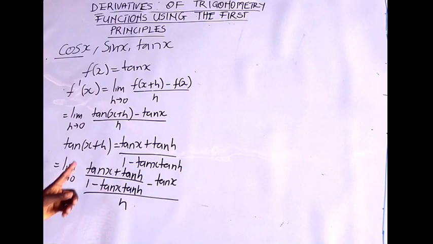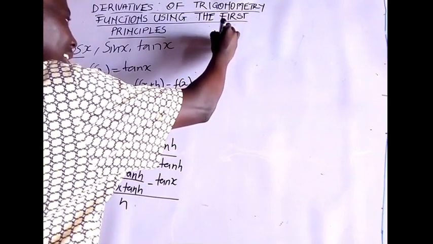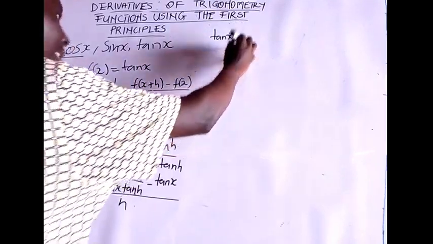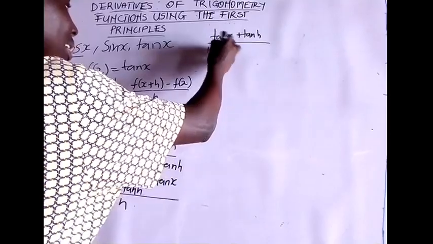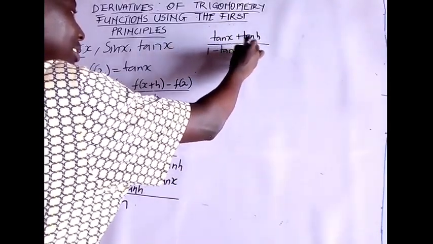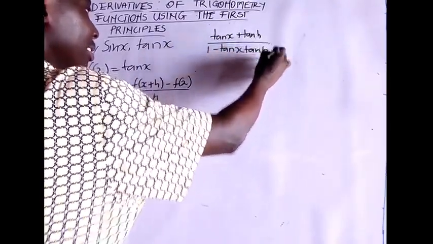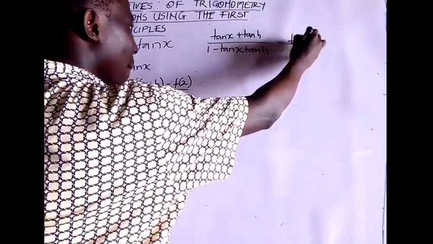So now let us consider what is at the top and then solve that one. So tan x plus tan h all over 1 minus tan x tan h minus tan x.